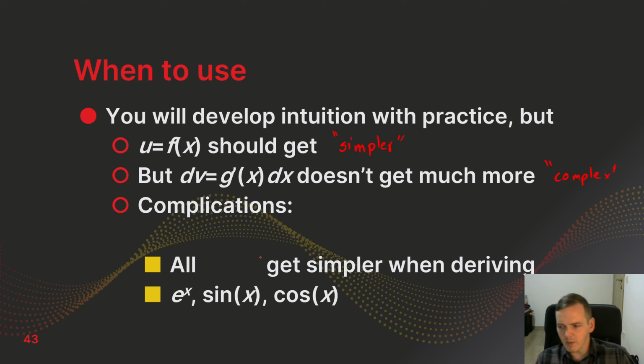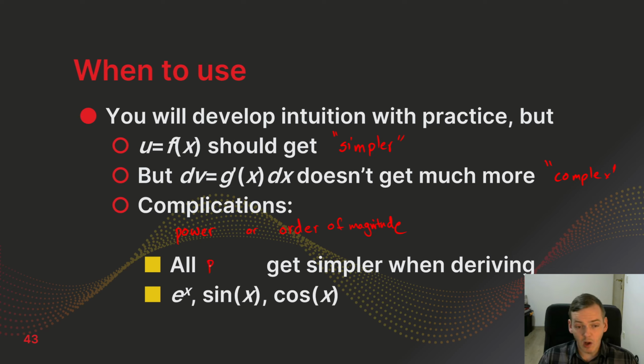So when we're talking about complications, things that make a function more complicated, we're referring to the power or order of magnitude of the function.